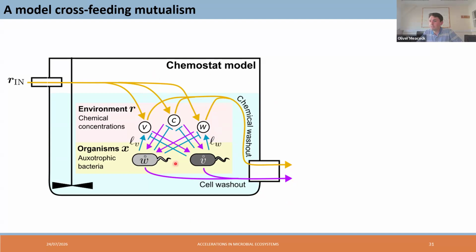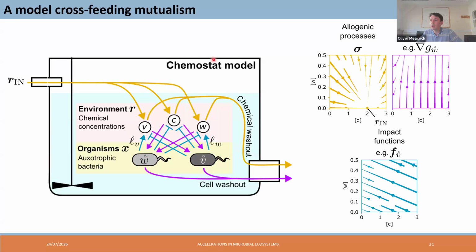So we have this community embedded in this chemostat environment, and we've got these various processes going on. This is our cross-feeding interactions over here. You can see that we've got secretion of these amino acids, V and W, and these are being fed to the partner. But then we also have this carbon source over here, C, over which both species are competing. And as before, we can represent all these processes as vector fields. We have this impact function in blue, the sensitivity gradients in purple, and these allergenic processes in gold.